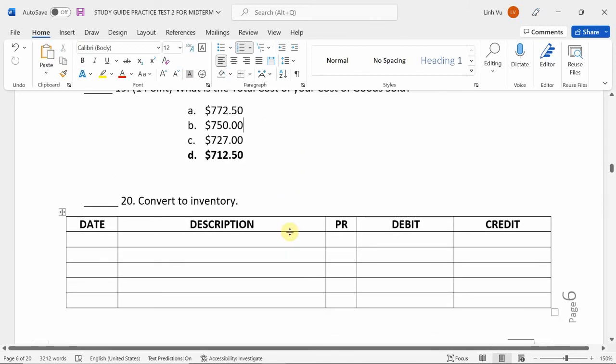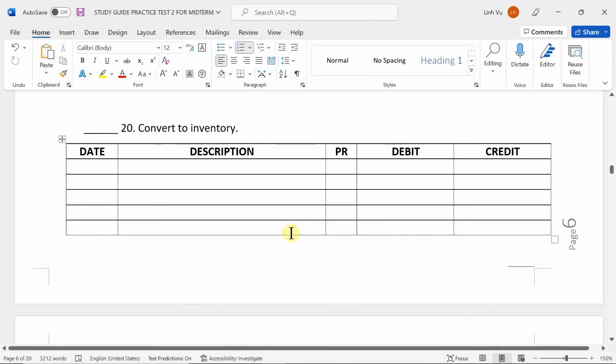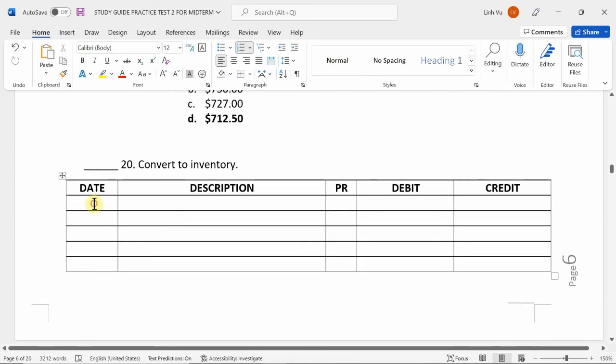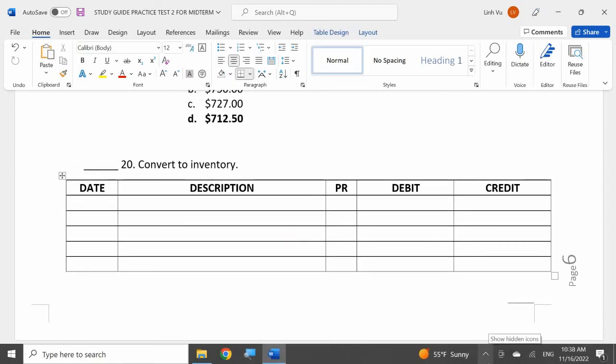So then now it says question 20 is to do a conversion entry. Once again, we're assuming this is June 30th. We always have to remember ending inventory. In this case, we know exactly what we purchased: we purchased toys.